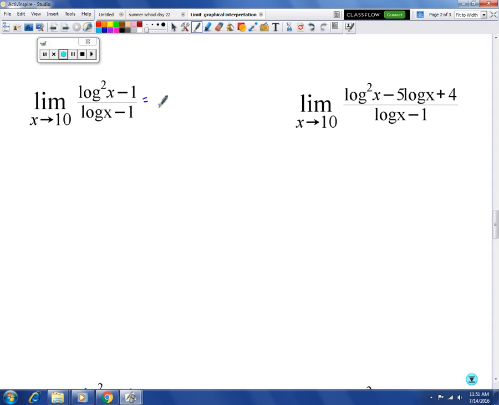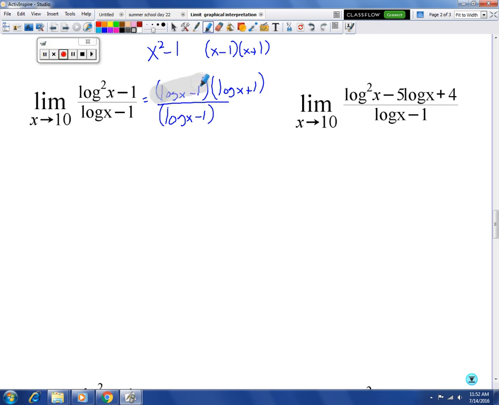So now this can be factored. This numerator is really a difference of squares. It's like x squared minus 1, which we factor as x minus 1 times x plus 1. So we'd factor this as log of x minus 1 times log of x plus 1. And we have a log of x minus 1 in the denominator.